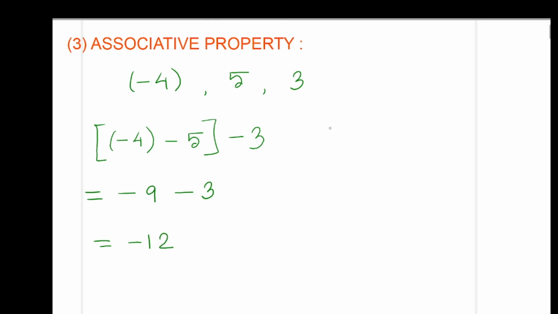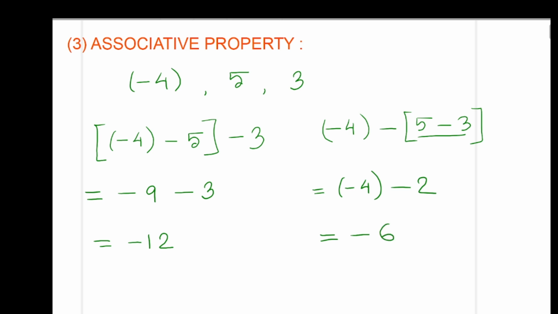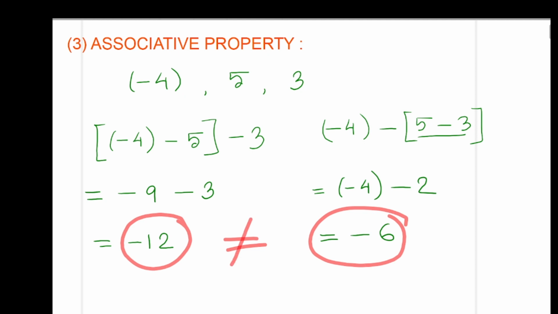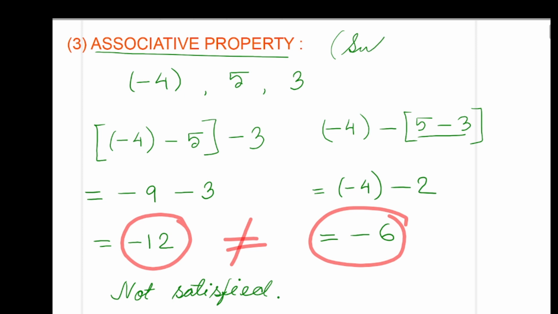Again, first if we do minus 5 minus 3, it will be minus 8. Then minus 4 minus minus 8 will be 4. So minus 12 and 4 are not equal. So again, not satisfied. Associative property is not satisfied by integers under subtraction.